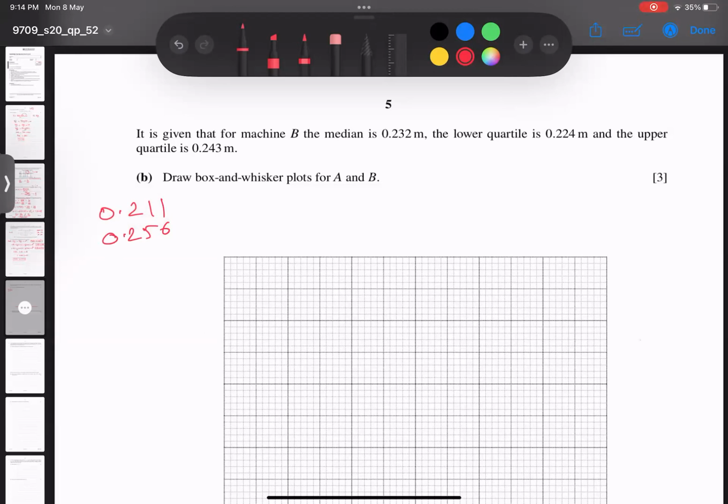If the lowest is 0.21, starting from here, don't care about the last digit. Care about this one, 0.21. I think we can even start from 0.20, no issue at all. 0.21, 0.22, 0.23, 0.24, 0.25, and 0.26.